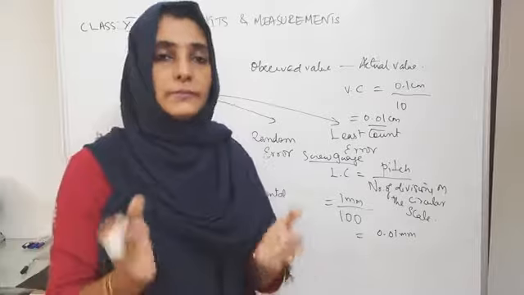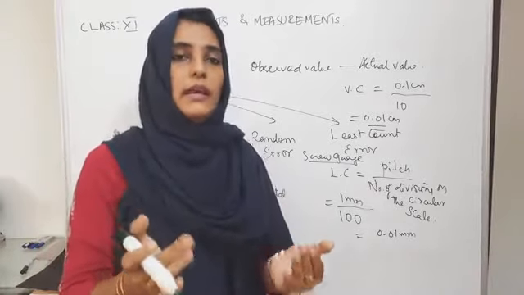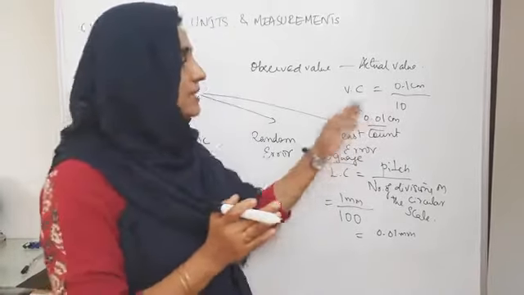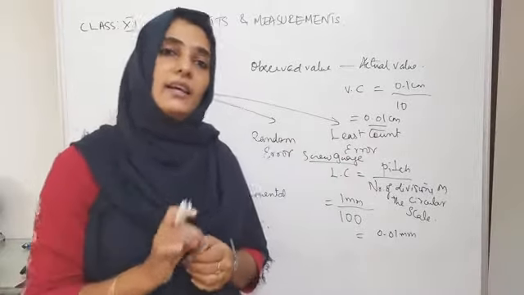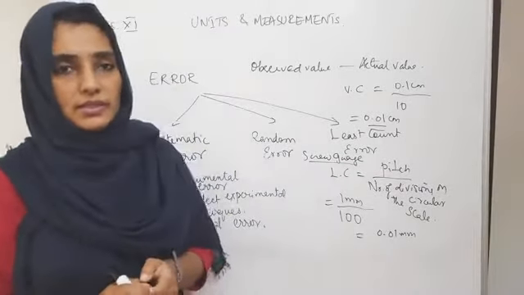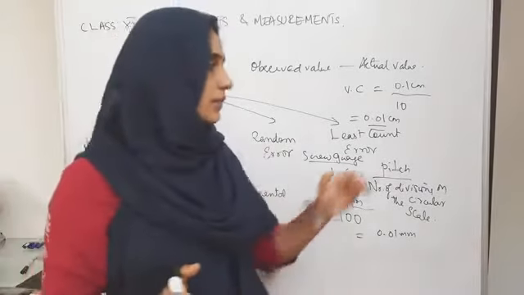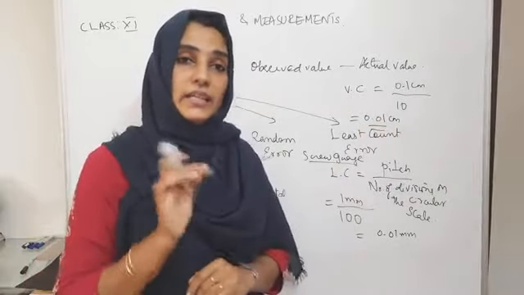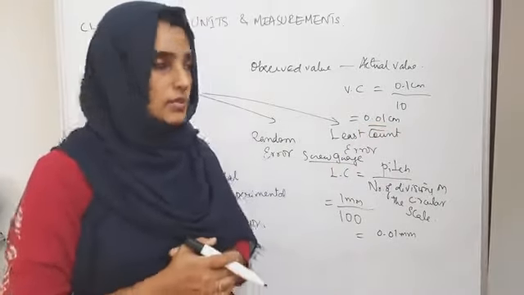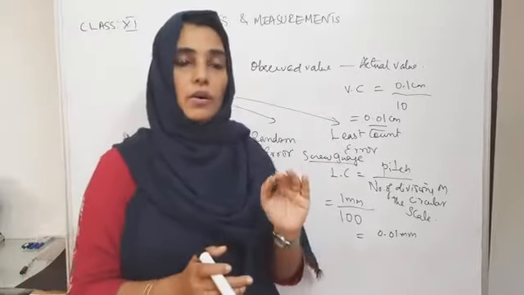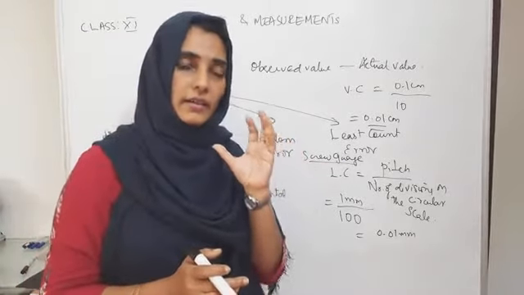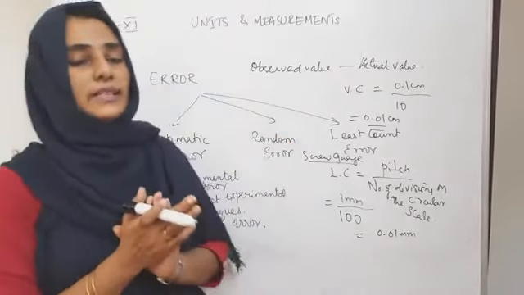Suppose you don't know the error in that instrument, then you can consider the least count as the error in that instrument itself. So the magnitude of the error will be of the order of the least count. That is the significance of least count error.